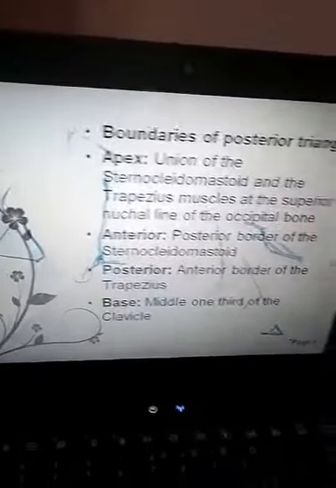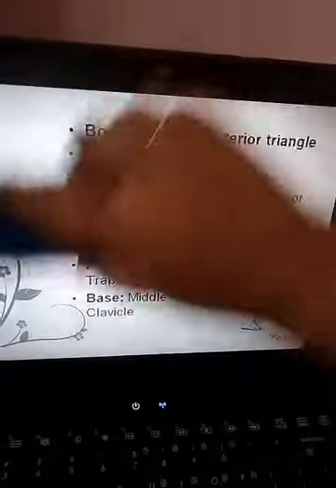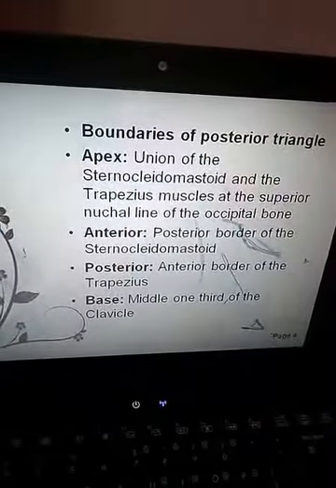Now we will see the boundaries of the sternocleidomastoid muscle.